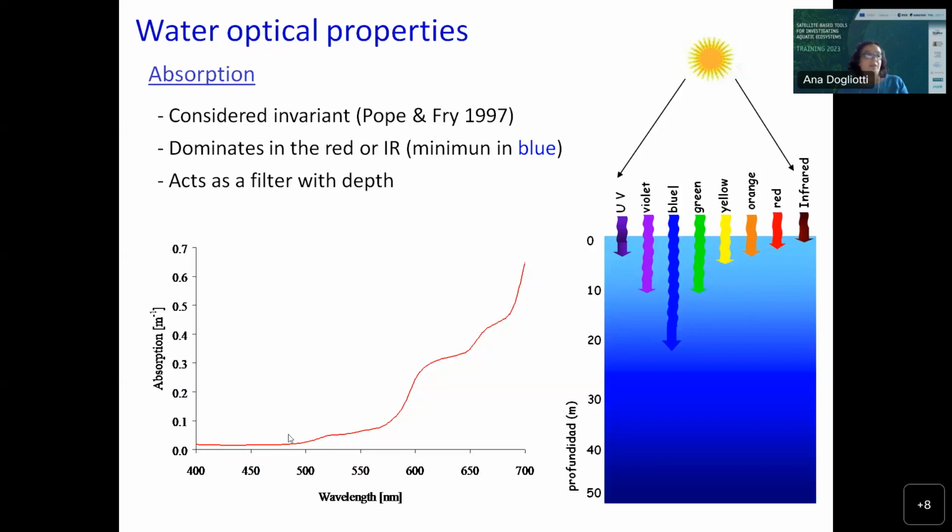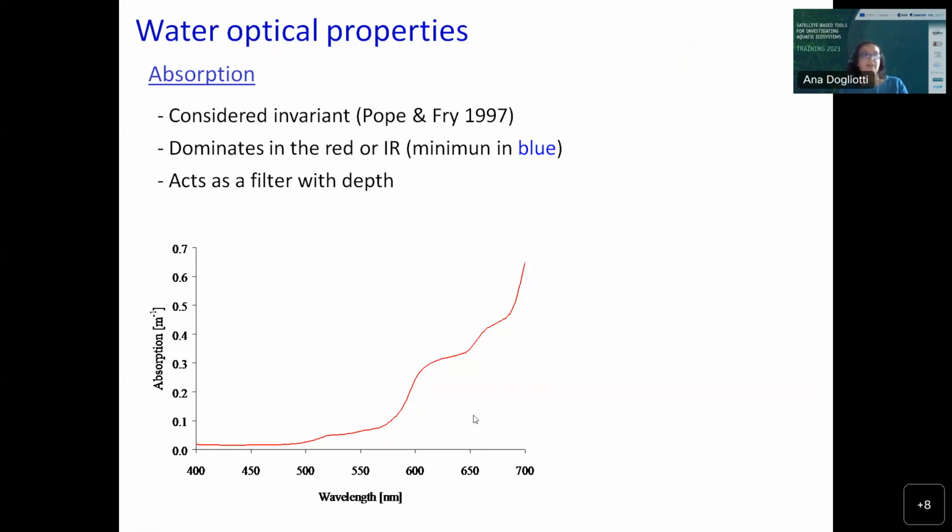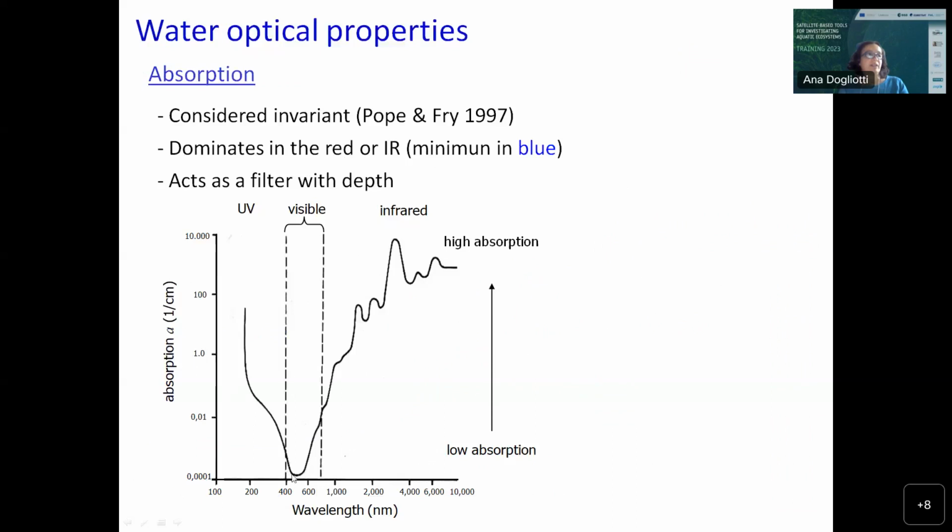Following this spectrum, we can see the red and infrared light is highly absorbed, mainly in the first millimeters of the water. Being minimum in the blue, it means blue light will reach deeper in the water column, and then the absorption starts to increase in the violet and UV, which is not shown here.